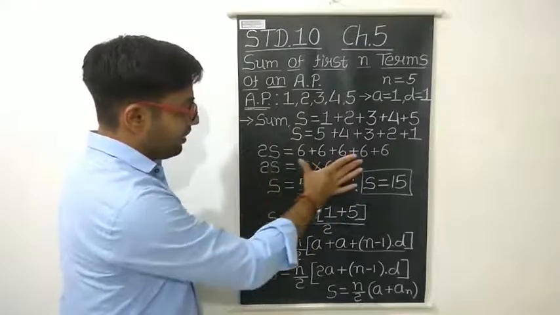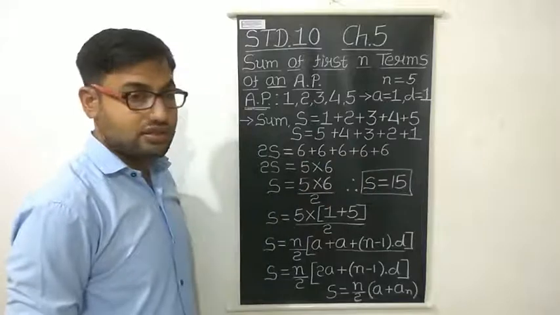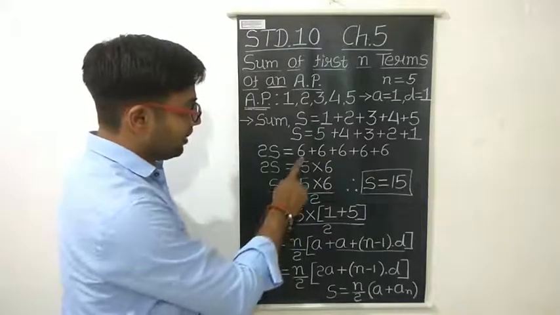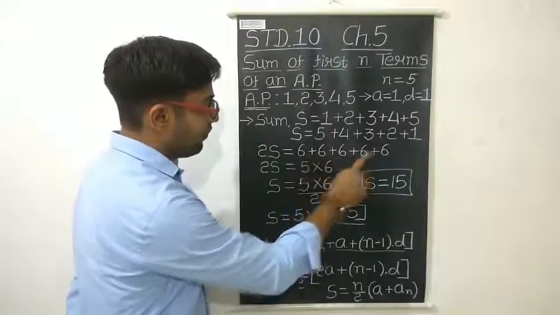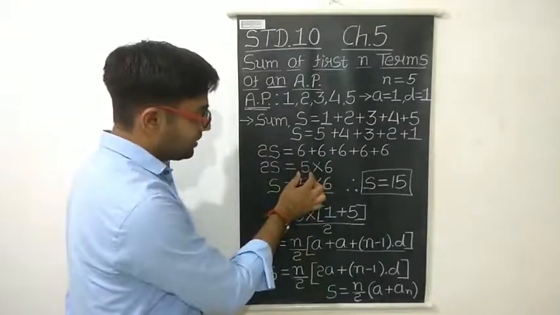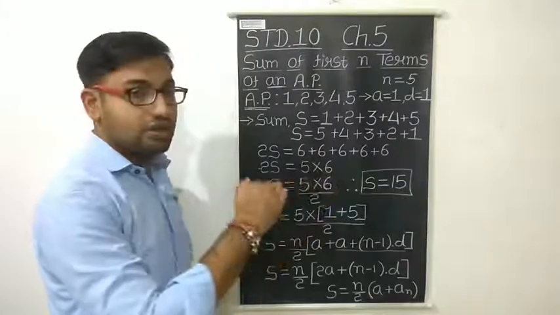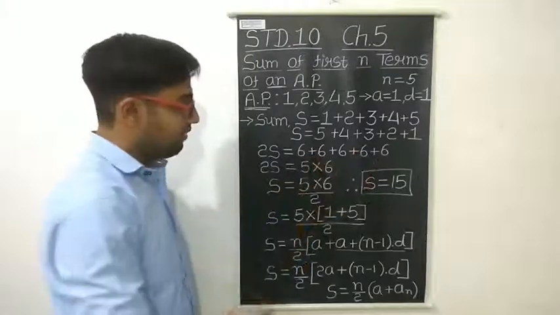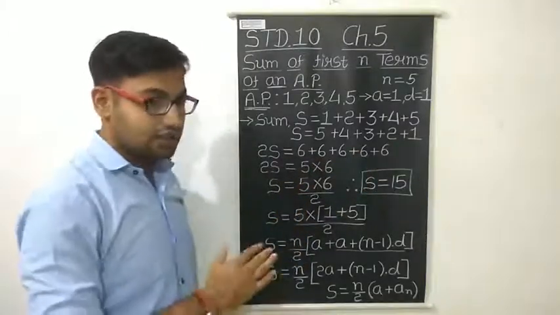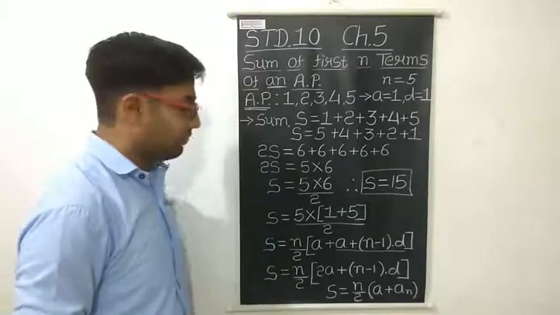How many times is it? 1, 2, 3, 4, 5. So we can write it as 5 multiplied by 6. Adding 6 five times is the same as multiplying 5 with 6.